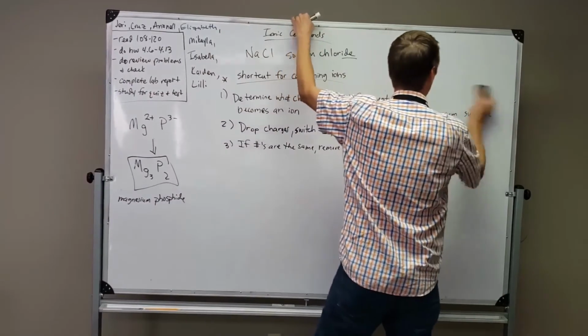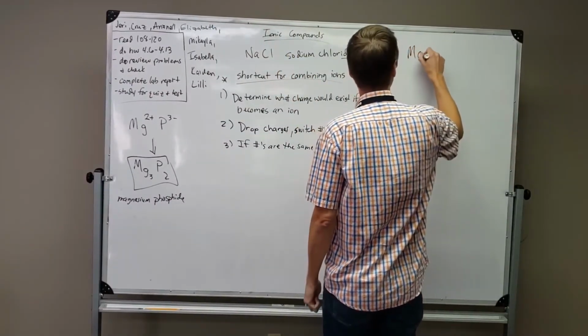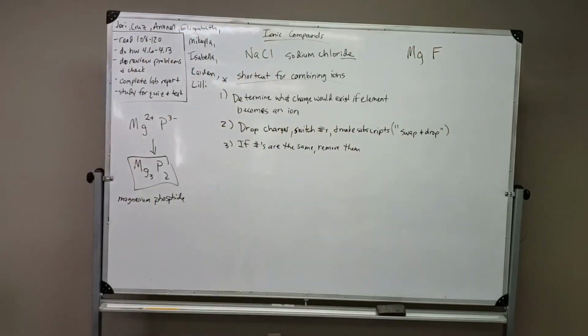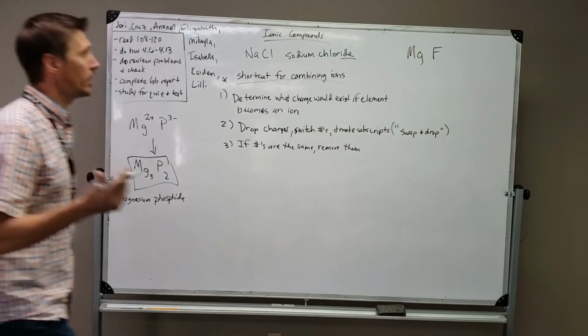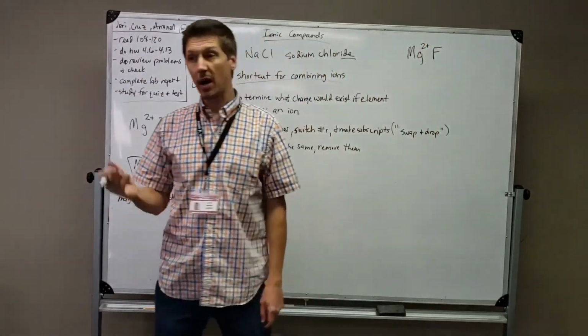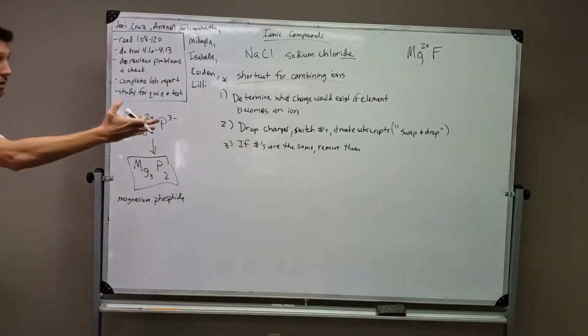I'm going to do it up over here so we can all see it. Magnesium is in column what? 2A, right? It's a metal, so it's going to be a positively charged ion because it wants to get rid of 2 electrons. So it has a 2 plus charge as an ion.